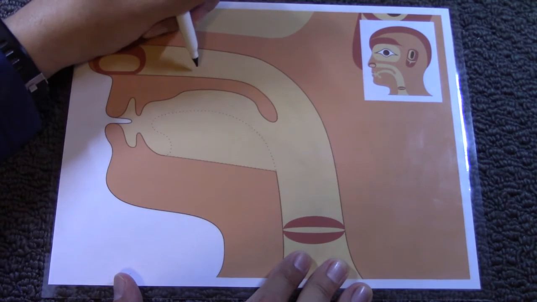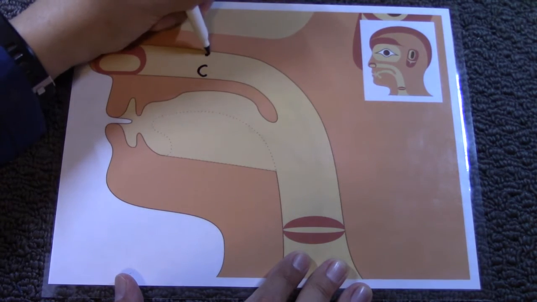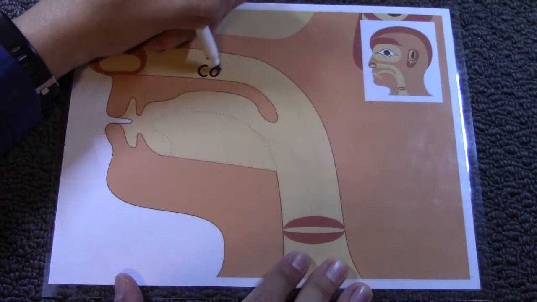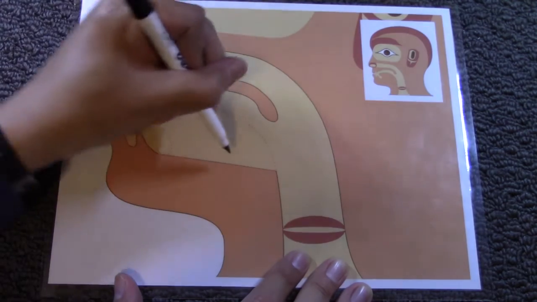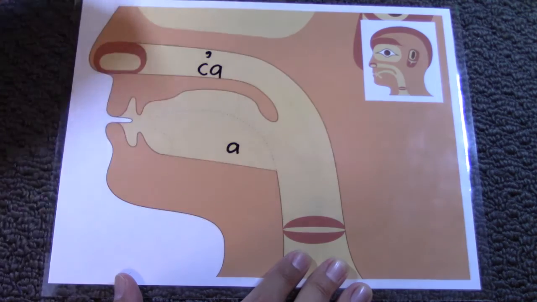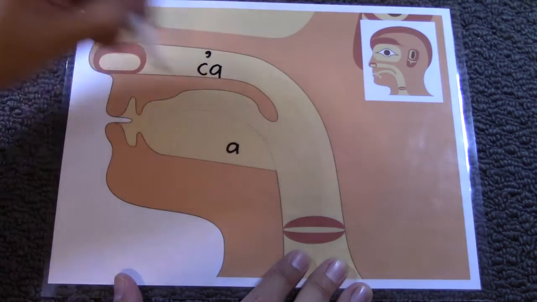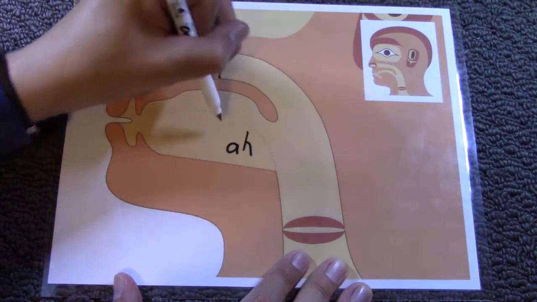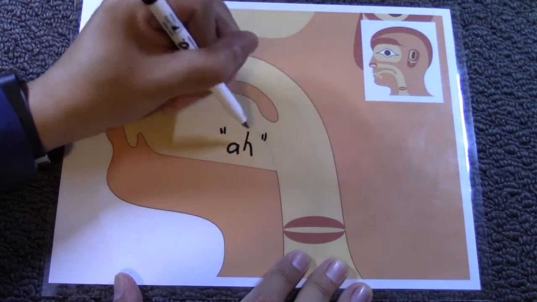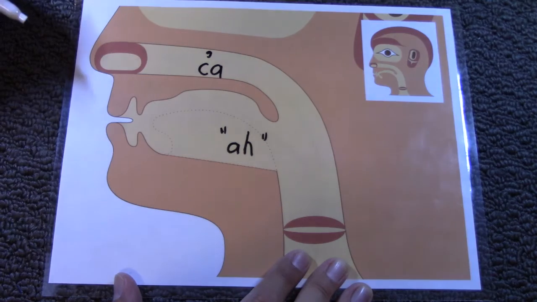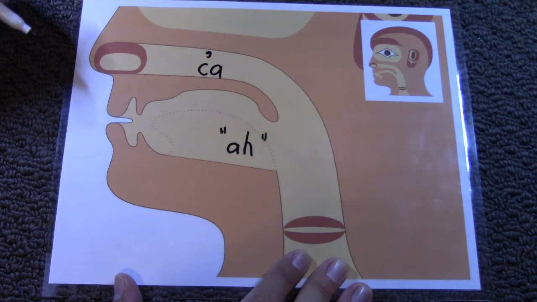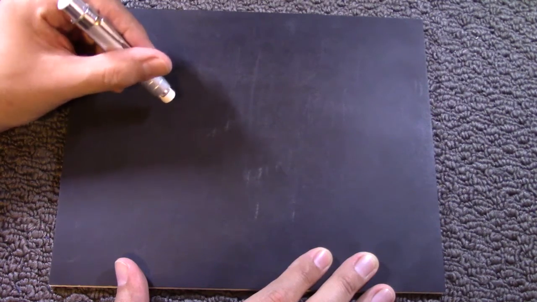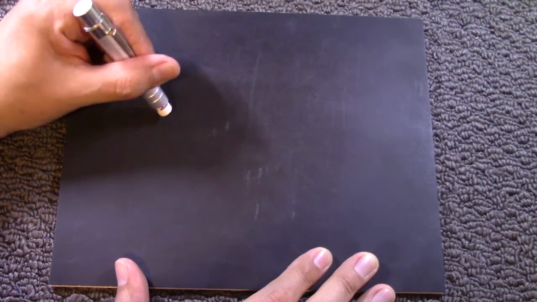Next we have another C with an apostrophe over top of it, and an A. So A comes from around the bottom of your mouth towards the back, and it makes an ah sound. Zimo za. Now we'll do a linguistic breakdown of zimo za.